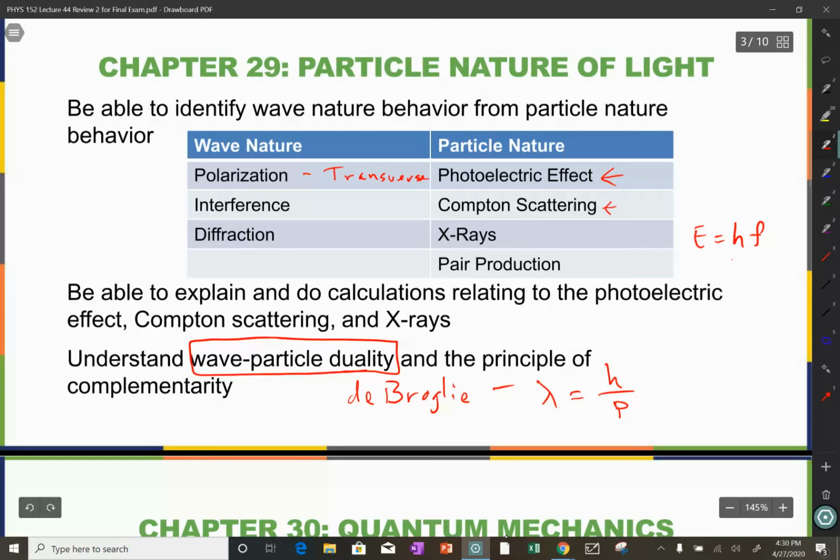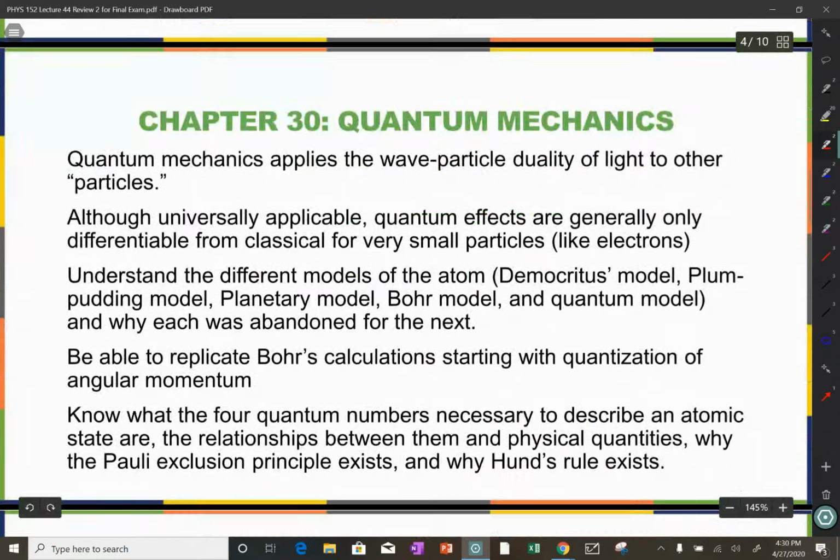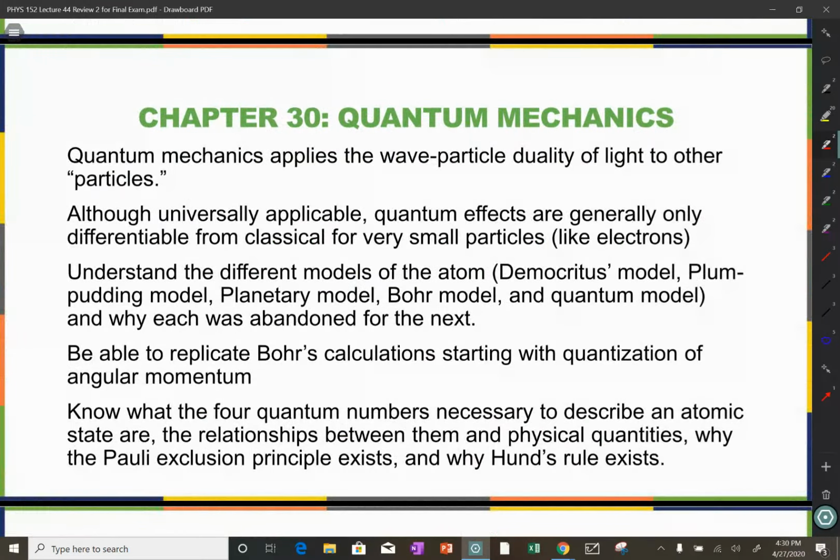And experiments prove this out, that light indeed is a wave or particle, and electrons are indeed either a wave or a particle. So quantum mechanics is treating the wave nature of a particle. So primarily we use quantum mechanics on very small things because that's the only time when we see a difference with quantum mechanic calculations.